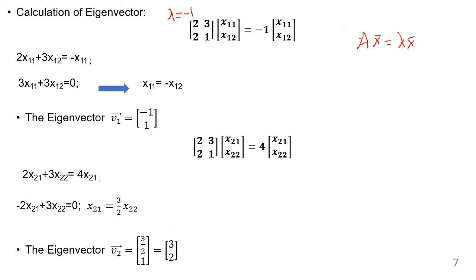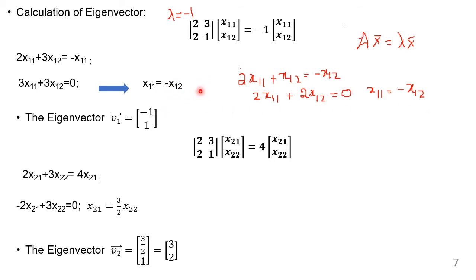Let me take the second equation. The second equation is 2 times x11 plus x12 equal to minus x12. Further simplification gives me 2 times x11 plus 2 times x12 equal to 0, which gives me x11 equal to minus x12. So you can observe here both the equations are the same.